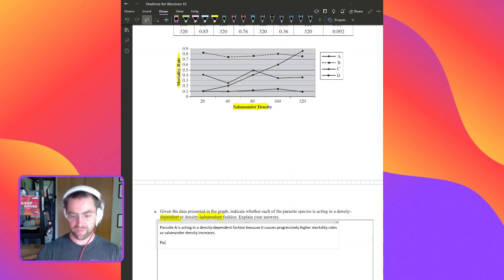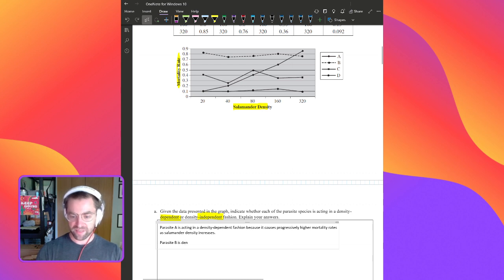All right, so let's take a look at parasite B. Parasite B is the dotted line up here. So parasite B has a really high mortality rate relative to the others, but it doesn't appear to change as our salamander density changes. So what that tells us is that it's density independent. We can go ahead and say that.